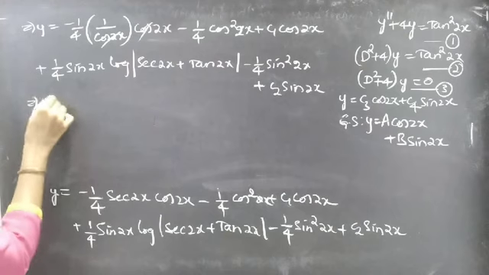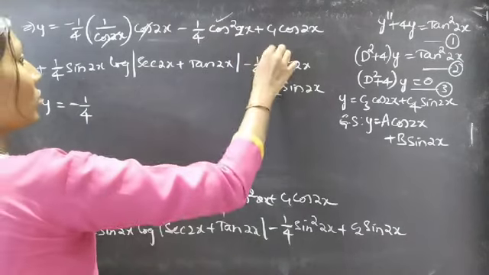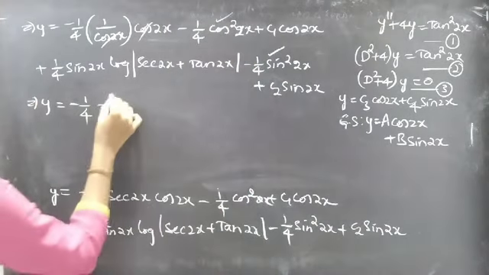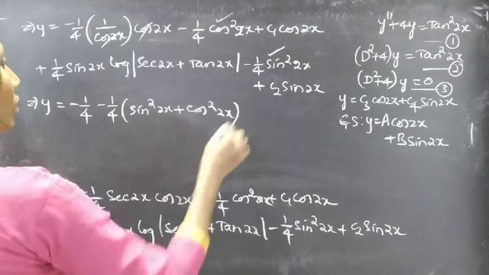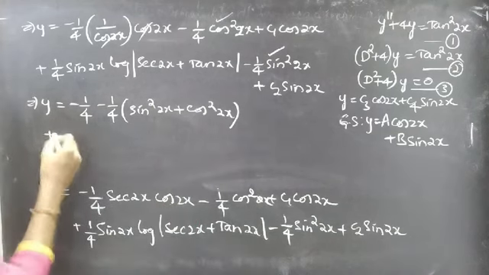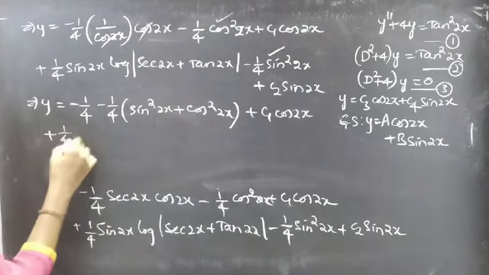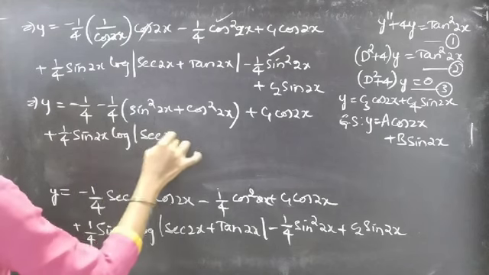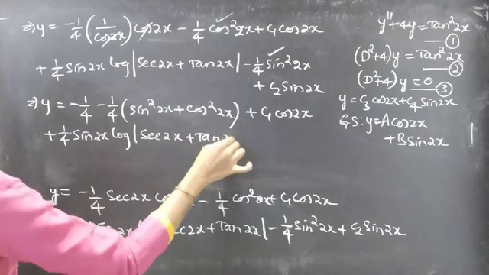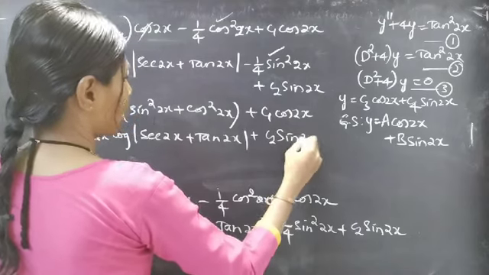Then we'll get y equal to minus 1 by 4. Now take minus 1 by 4 common from these two terms. Then we'll get minus 1 by 4 into sin square 2x plus cos square 2x, plus c1 cos 2x, plus 1 by 4 sin 2x into log mod secant 2x plus tan 2x, plus c2 sin 2x.